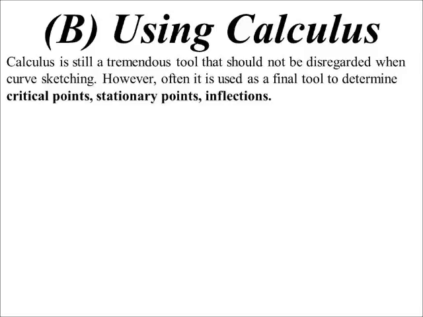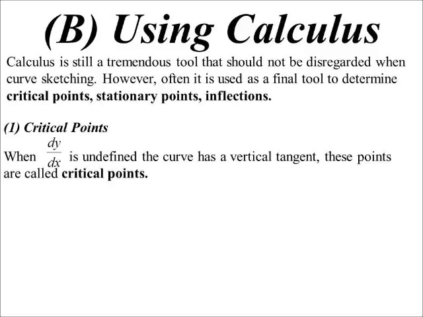Critical points, stationary points, inflections. If you need to find those sorts of points, the calculus will help you out. So critical points. Okay. If the derivative is undefined, it usually means we have a vertical tangent at that point, because what we're saying is the slope is infinite, so we must have a vertical tangent.